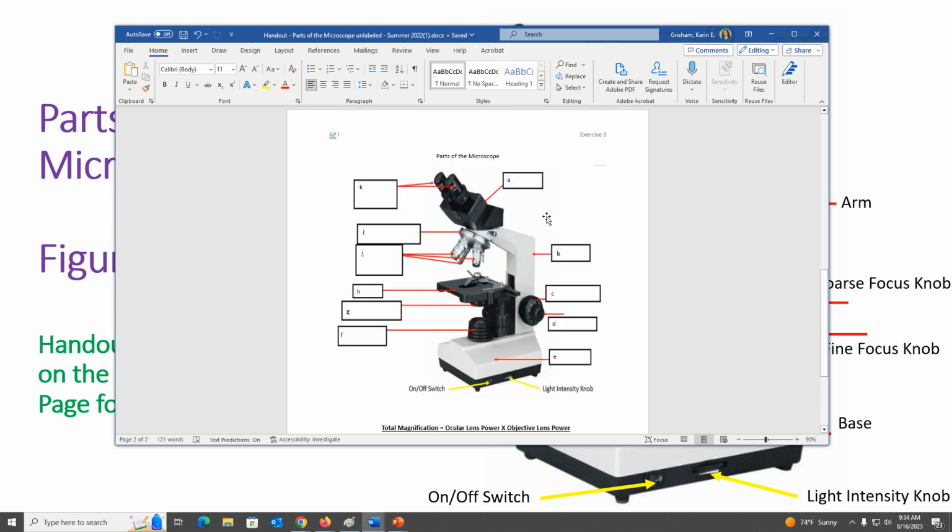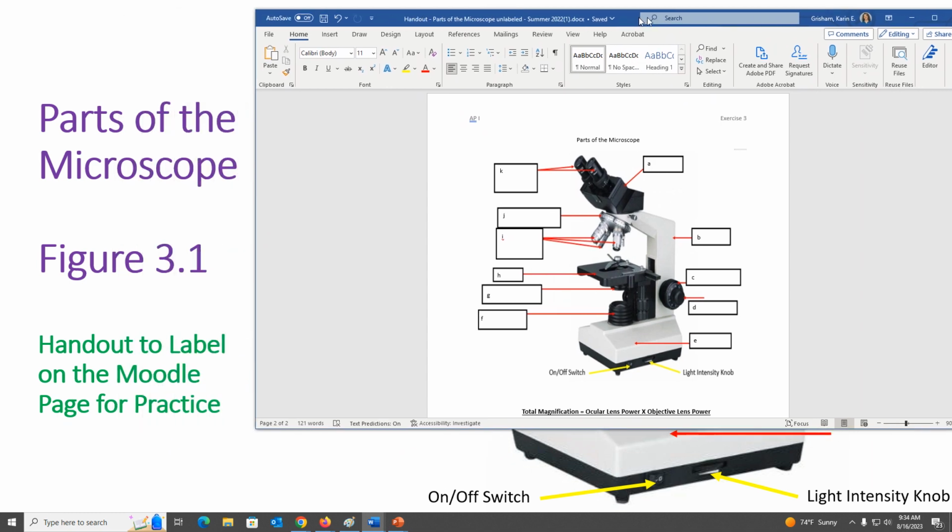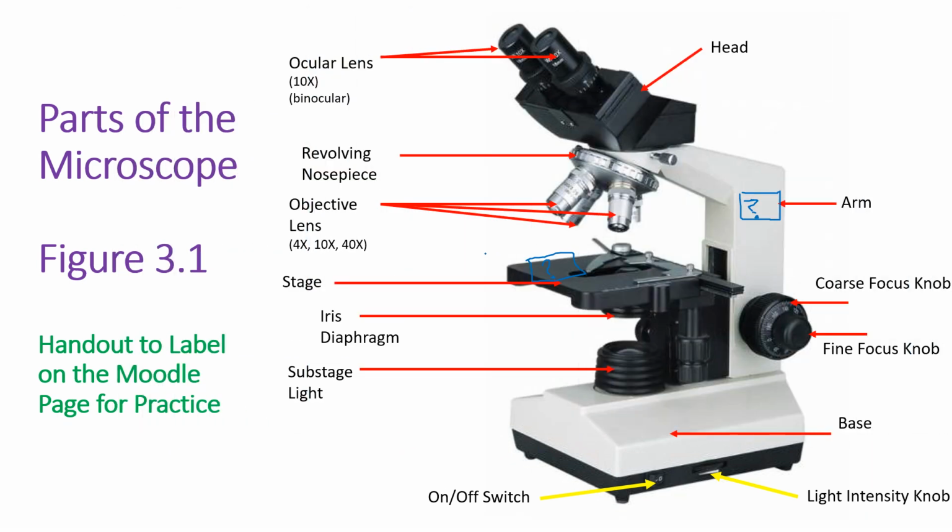So that way you know what the right answers are. And then you have this blank one, and you could do A, B, C, D, all the way through K on a separate sheet of paper, and then practice that. Okay, what was A again? What was B again? What was C again? So write it down over and over again, but you've got a clean sheet of paper to work with. Again, this is also on your Moodle page. So you can have a blank copy on your Moodle page as well.